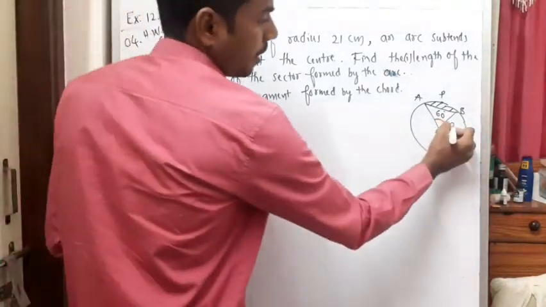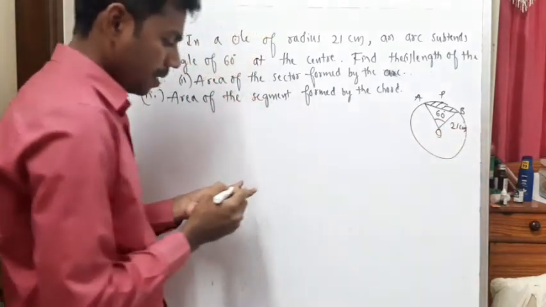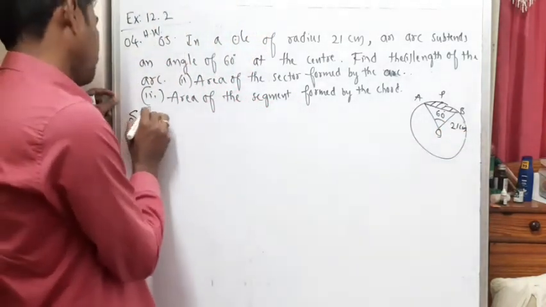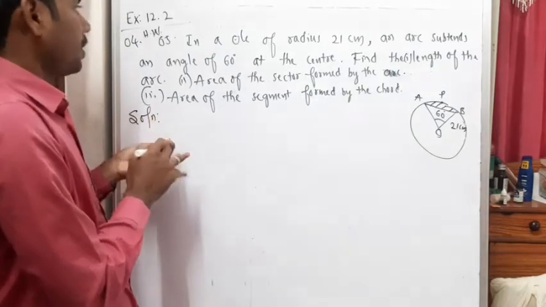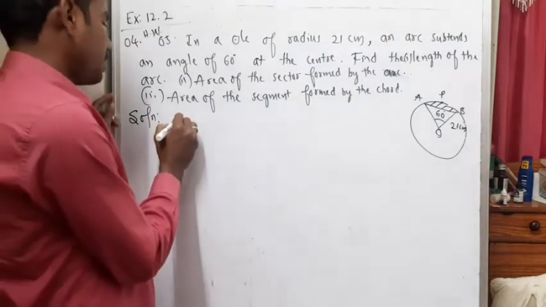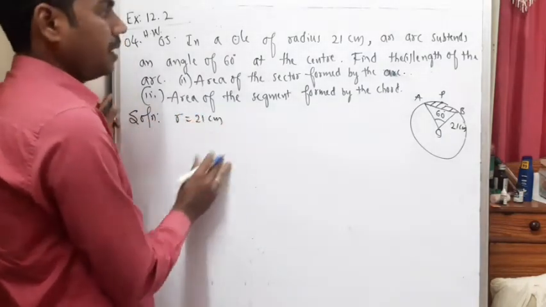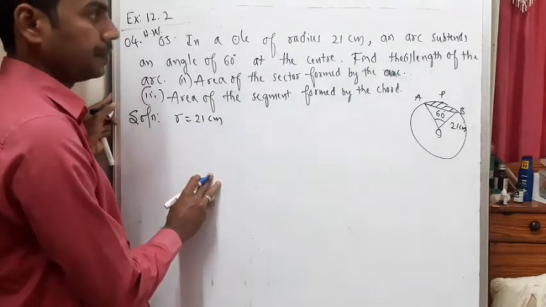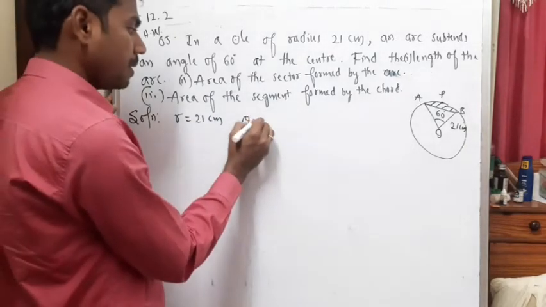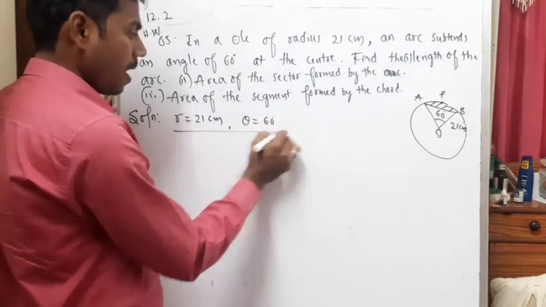Radius is 21 centimeter. So r is 21 centimeter and theta is equal to 60 degree. This is what we have with us.